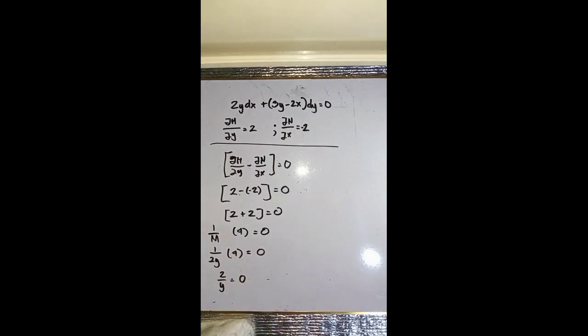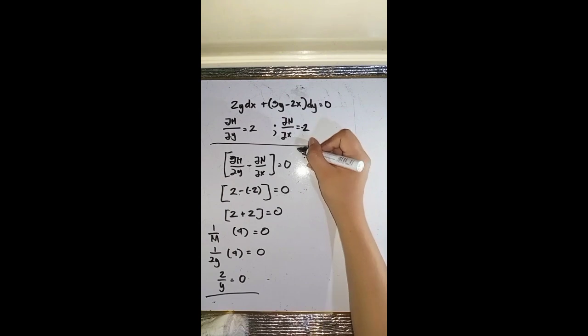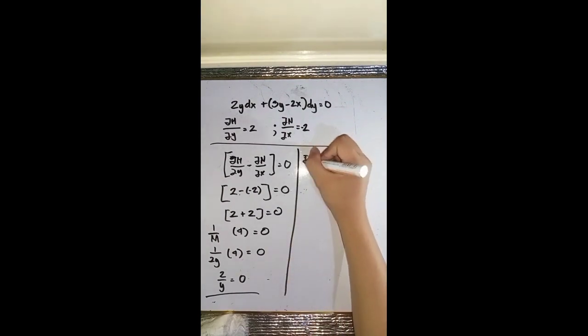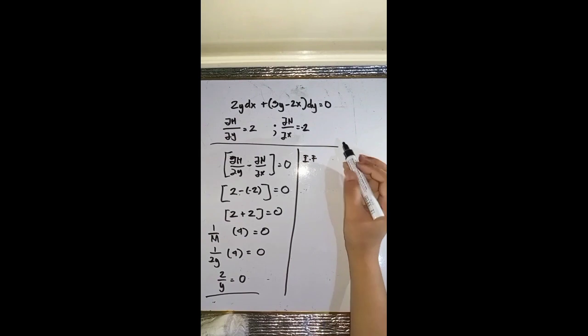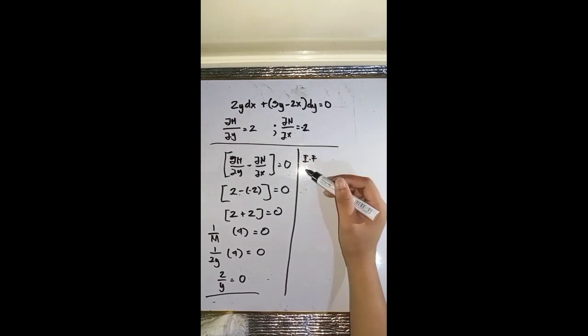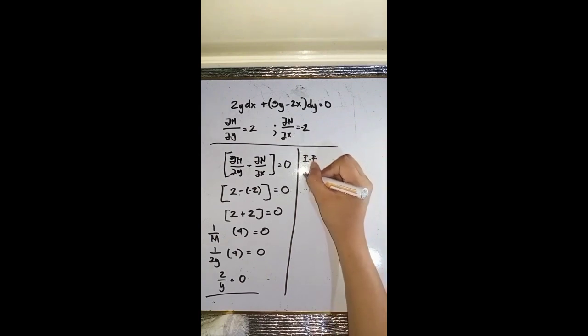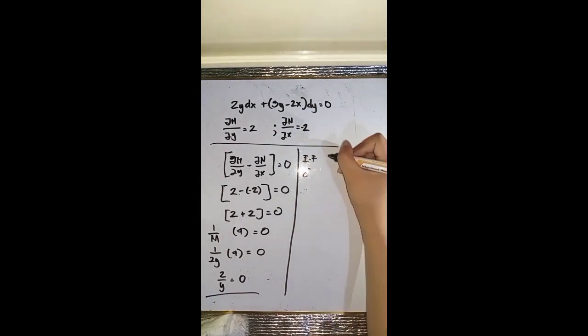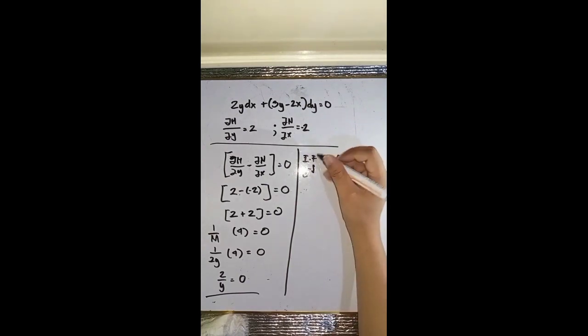Now that we've got the value by subtracting the partial derivative of N from the partial derivative of M, we're going to get the integrating factor. Since we've established earlier that we're using case number 2 of the integrating factor, the integrating factor is equal to e to the negative integral of g of y dy.